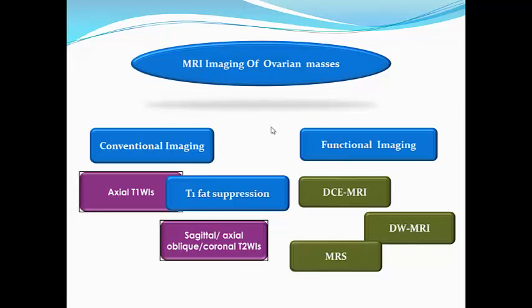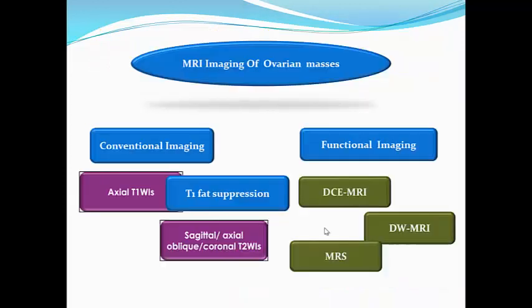But when we think of a neoplastic lesion, then we go to functional imaging: dynamic contrast enhanced MRI, diffusion weighted MRI, and MRS, which is a tedious and long procedure, so it is not frequently done. But you have to know what chemicals increase in cases of ovarian malignancy.